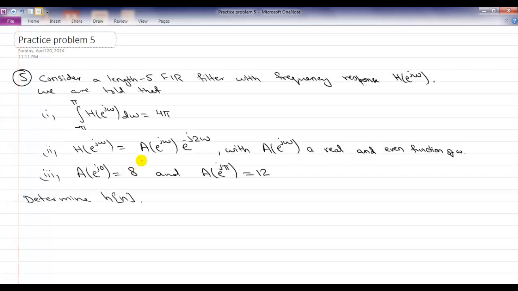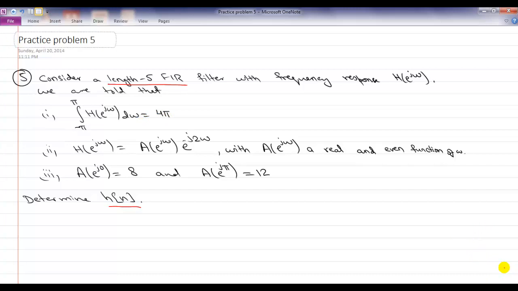Okay, this is a question which says we have a length 5 FIR filter which has this frequency response, and we are given some facts about this filter, and we are asked to determine h[n]. So the first fact we are given is that the integral from minus pi to pi of H(e^jω) dω is 4 pi.